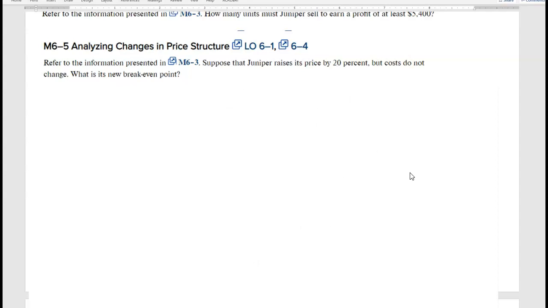So we're going to take the sales price of $24 that we originally had, and multiply that by 120% because we want to take the original $24 plus an additional 20%.